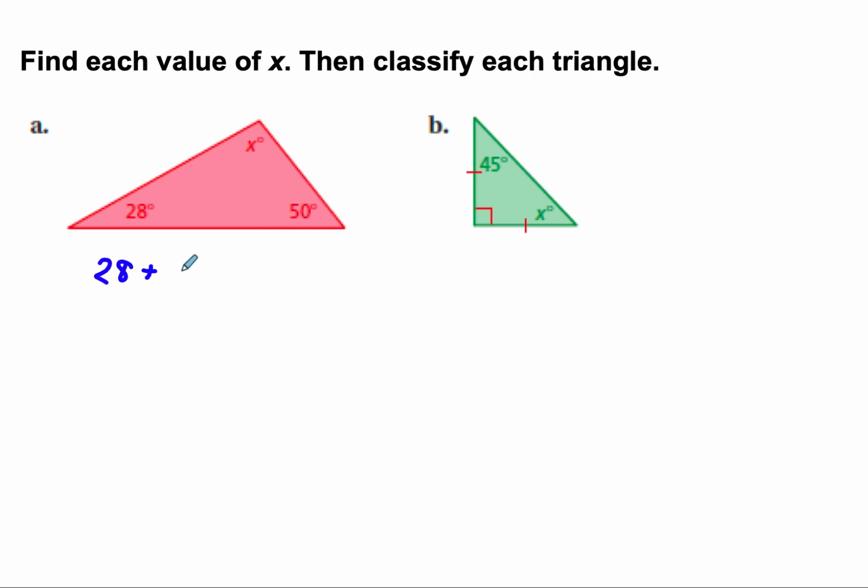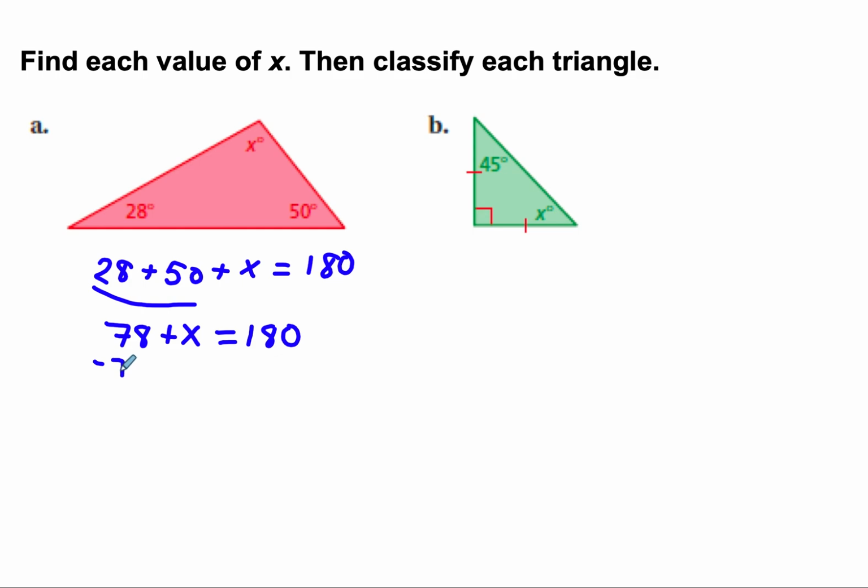We are adding the angles that we know, 28 plus 50 plus x, and then together they're going to equal 180. So when we add the two that we already know, because again we're combining like terms on the same side of the equation before we start doing things to each side, we have 78 plus x is going to equal 180.